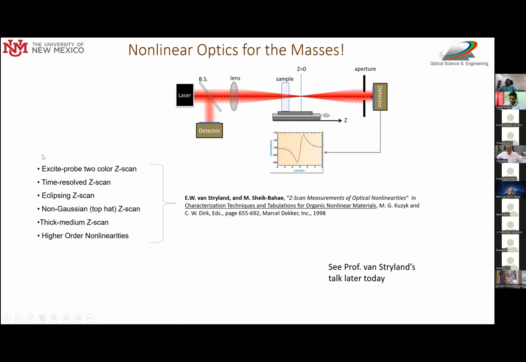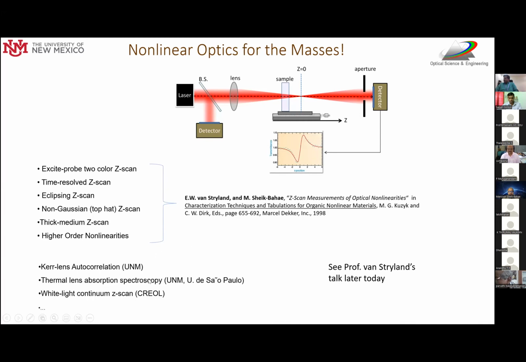Now, since then, there's been a lot of work, including some, of course, by your colleagues there. For example, there is the excite-probe two-color Z-scan, time resolved. I will mention some of these things in a little bit more detail: what we call eclipsing Z-scan, top hat Z-scan, thick medium Z-scan, and high-order nonlinearities that Professor Van Strylen would cover later in more detail, I hope.